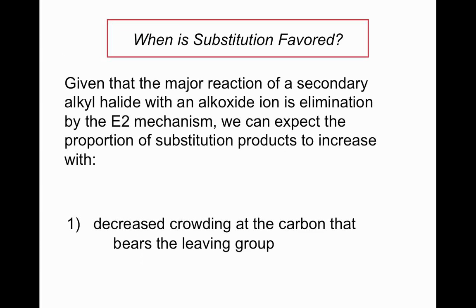We can favor substitution in the system in any case in which we decrease crowding at the carbon with the leaving group on it. Remember, substitution needs to occur via either SN2 or SN1 mechanisms. In any case where the nucleophile can approach from the backside of the alpha carbon easily, substitution via SN2 will occur. So by decreasing the crowding at the alpha carbon bearing the leaving group, we'll favor an SN2 mechanism.